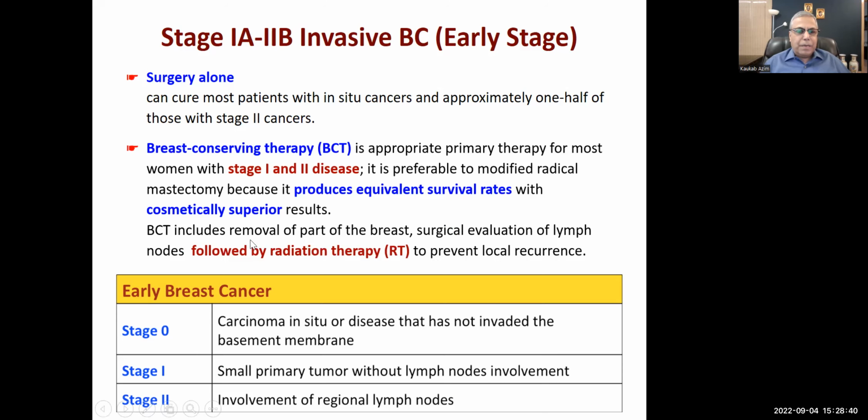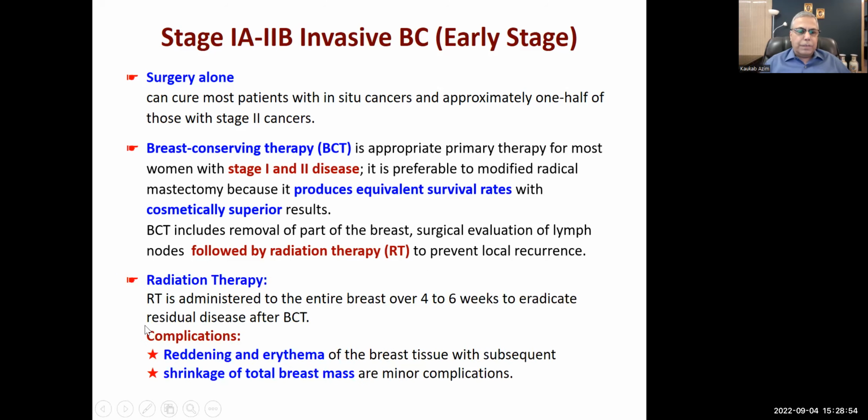Breast conservation therapy includes removal of part of the breast, surgical evaluation of lymph nodes, followed by radiation therapy to prevent local recurrence, okay? Now, this radiation therapy has got some side effects, which I've given over here. Radiation therapy is administered to the entire breast over 4 to 6 weeks to eradicate residual disease after breast conservation therapy.